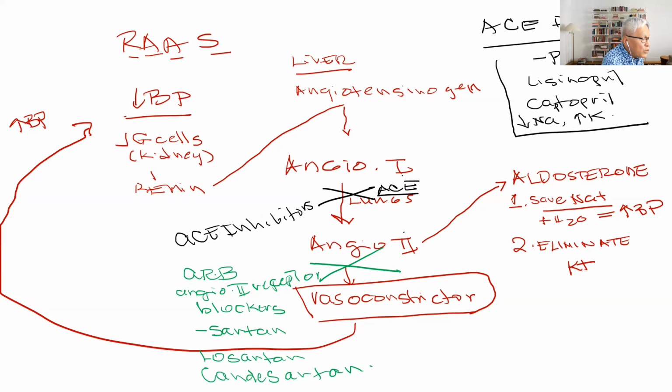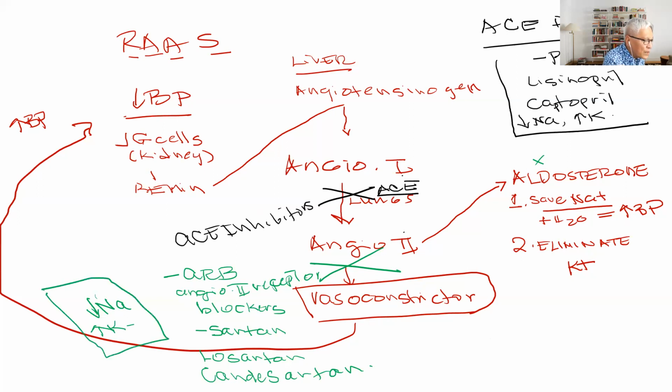Again, when you use ARBs, you're going to decrease sodium, because you're already blocking the activation of aldosterone, and you're going to increase potassium as well.